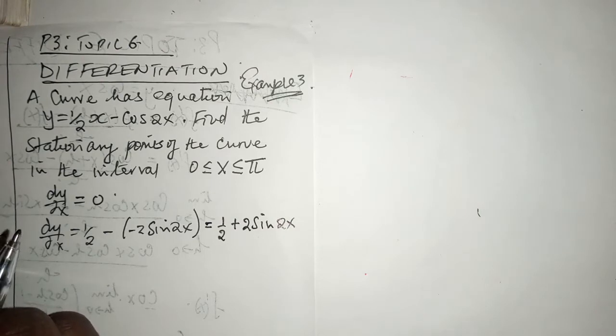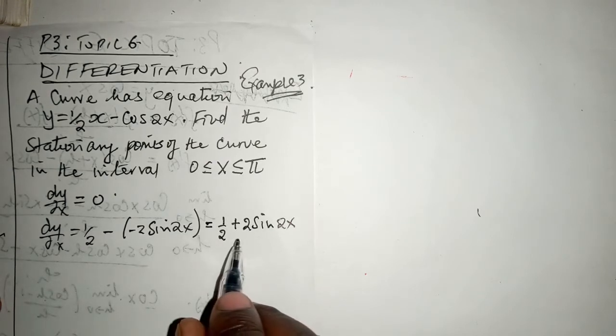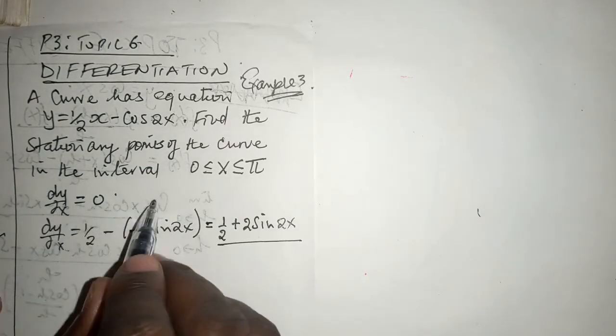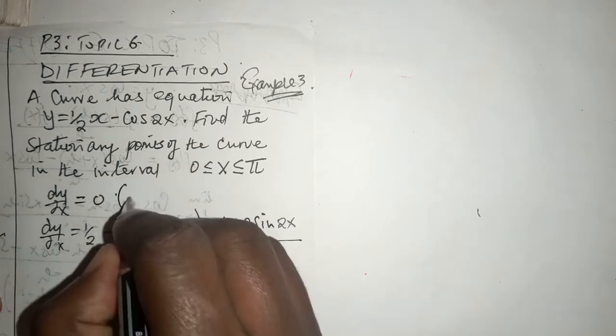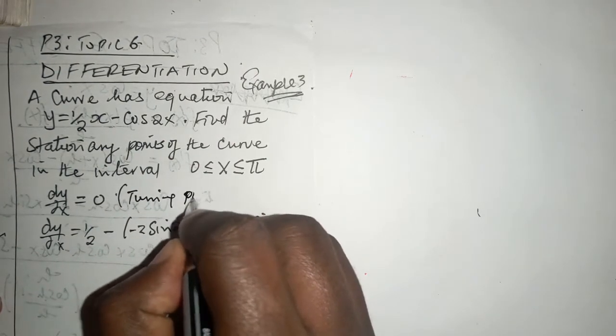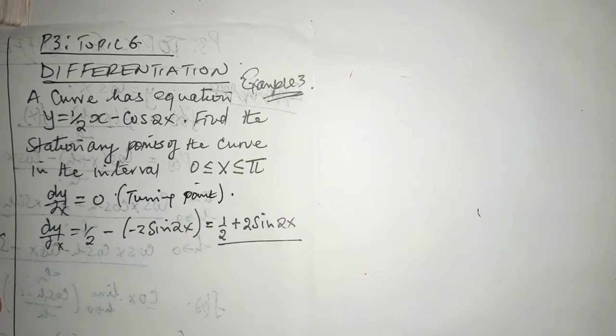At that point, it is very important to note that when we are saying a half plus 2 sine 2x, it is this derivative which is equal to 0, because it is at the turning point, a stationary point. You can call it stationary point or turning point. It could be maxima or minima.